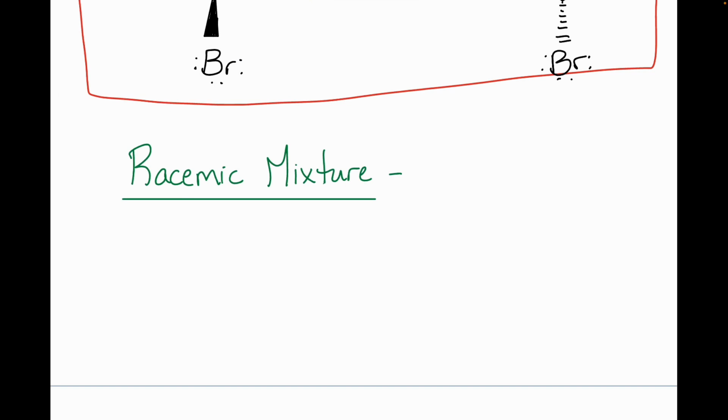All right, a racemic mixture is a 50-50 mix of a pair of enantiomers.